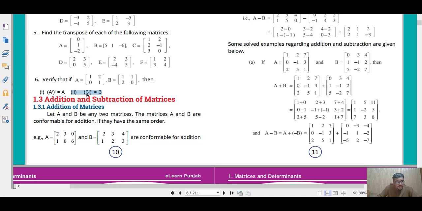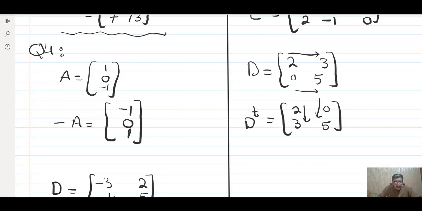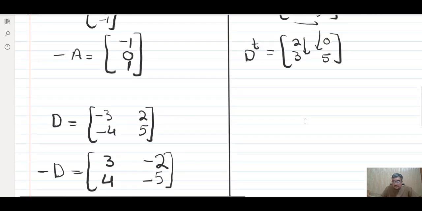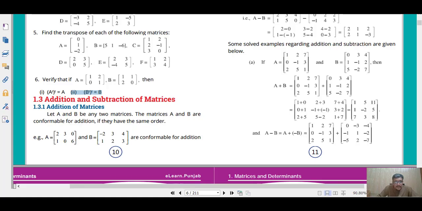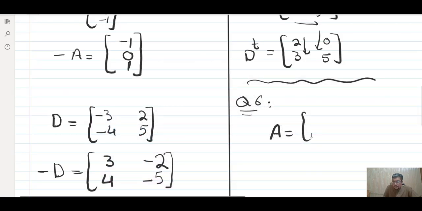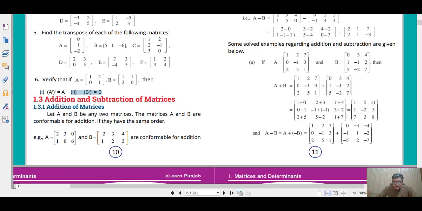So first of all, I am going to write matrix A and matrix B. Question number 6 of exercise 1.2. A matrix is 1, 2, 0, 1. And B matrix is 1, 1, 2, 0.